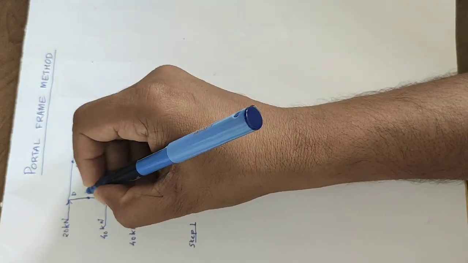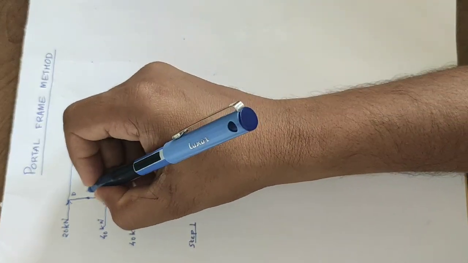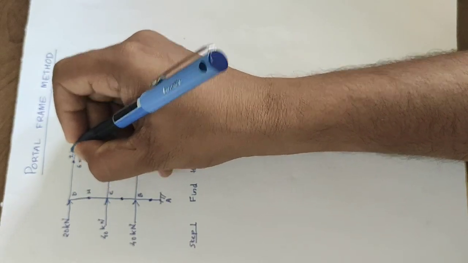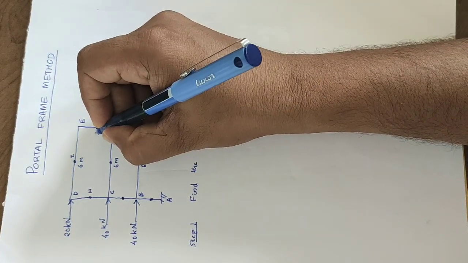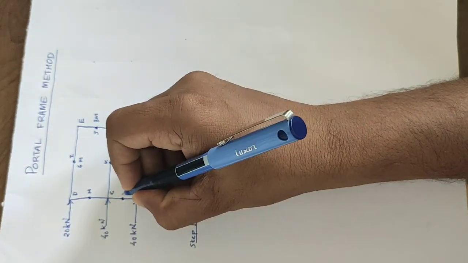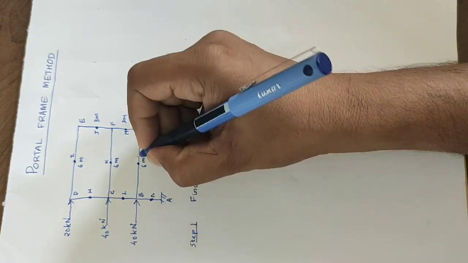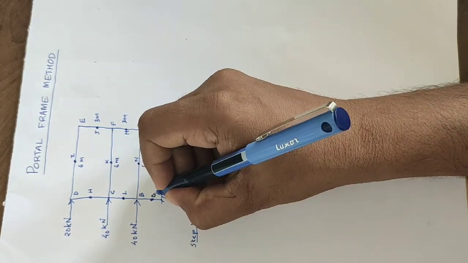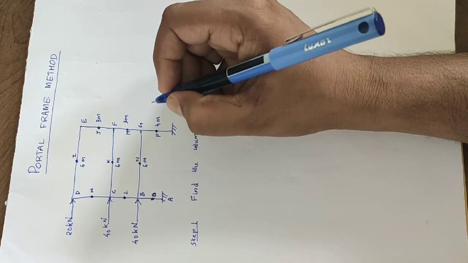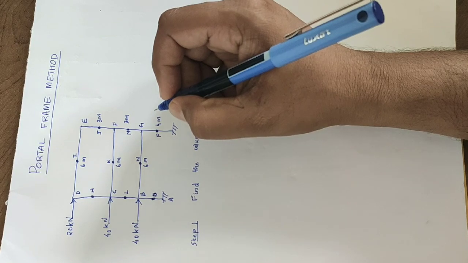Suppose we have totally used A, B, C, D, E, F, G. I can mark it as H, I, J, K, L, M, N, O and P. So I have marked all the interior midpoints as H, I, J, K, L, M, N, O, P.